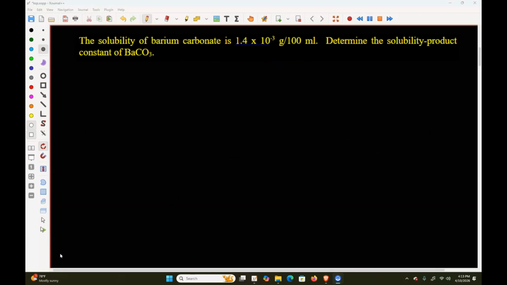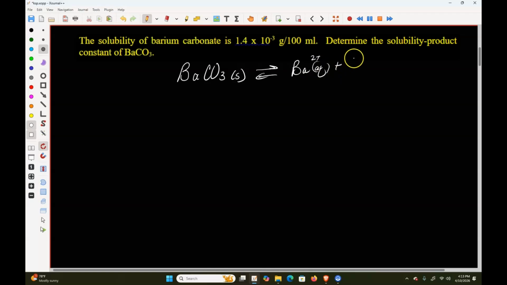Okay, in our first problem, we're going to determine the solubility product constant for barium carbonate. So barium carbonate solid, we know that Ksp is related to how soluble it is.